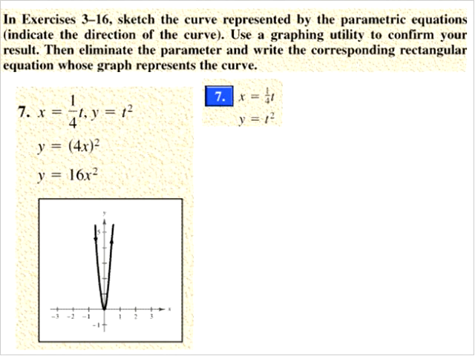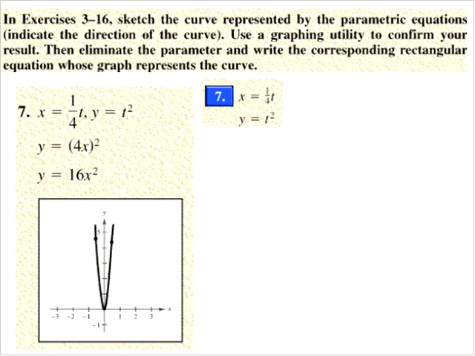Hi, this recording is to help you with parametric equations part 2, section 10.4.02. We're mainly going to be working on eliminating the parameter, which just means changing from parametric mode to rectangular coordinates.